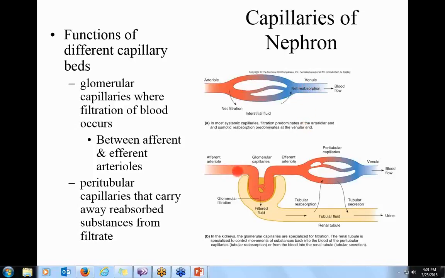Here at the bottom is the glomerular capillaries, at the afferent arteriole and efferent arteriole. Their job is primarily what's called filtration. And when you filter, you kind of push things through. So this is where substances are going to leave the blood, leave the capillaries, and enter the renal system, particularly the glomerular capsule, that part of the nephron.